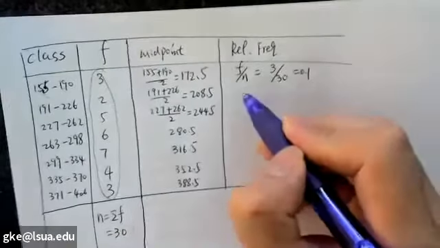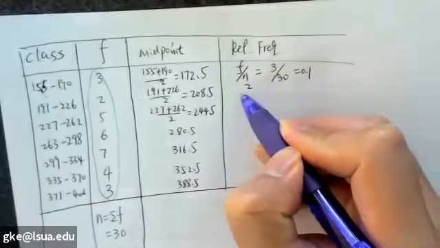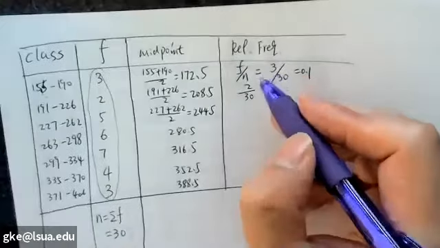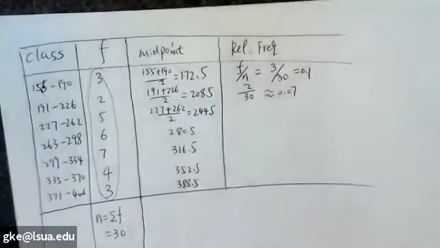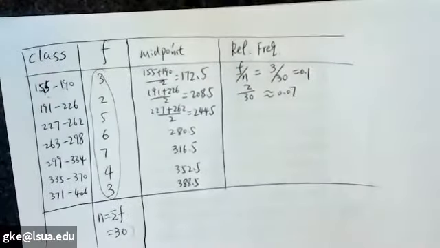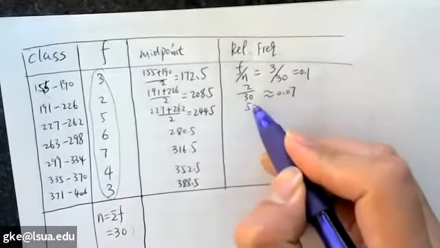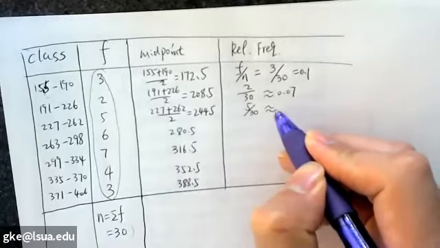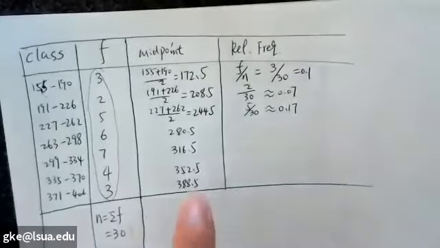The same thing here: the frequency is 2 divided by 30, and you're going to get about 0.07. And the third one is 5 divided by 30. That is about 0.17.